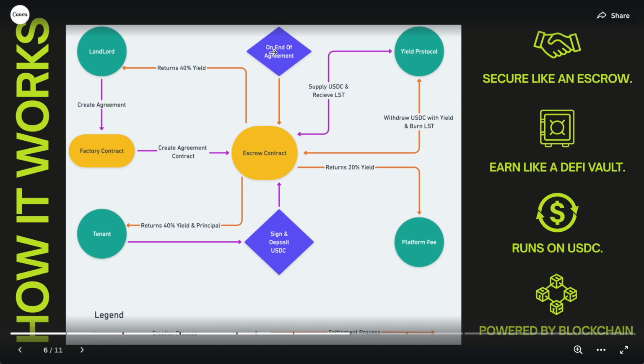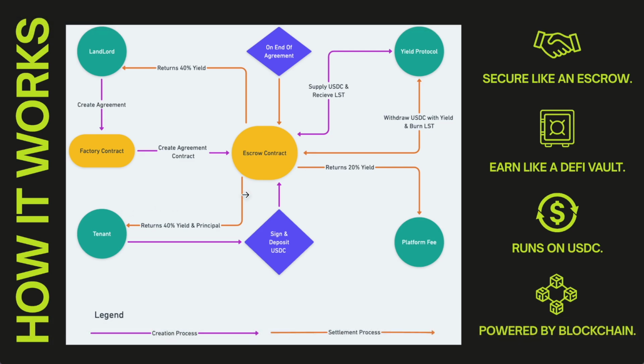Now at the end of the agreement, the USDC is withdrawn from the yield protocol and LSTs are burned. 40% of the yield is returned to the landlord, 40% along with the principal is returned to the tenant, and 20% of the yield is taken as platform fee.